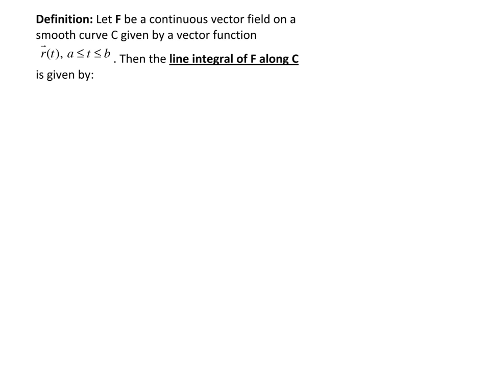So, bringing this all together in a definition, let f be a continuous vector field on a smooth curve C given by a vector function r of t, where t goes from a to b.